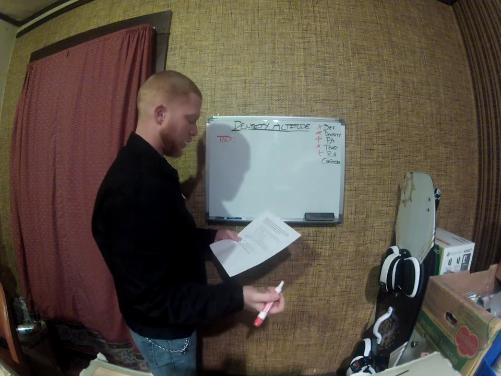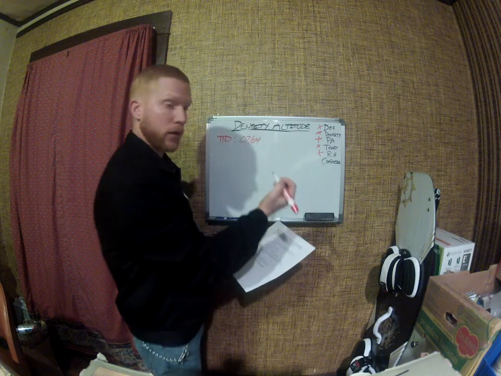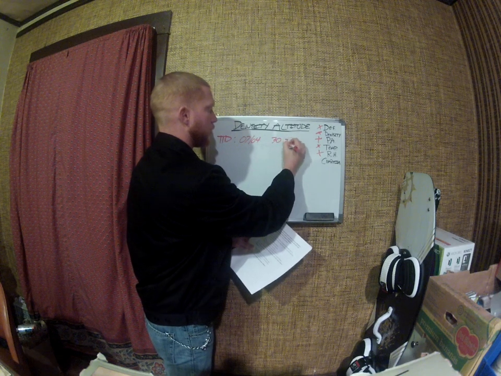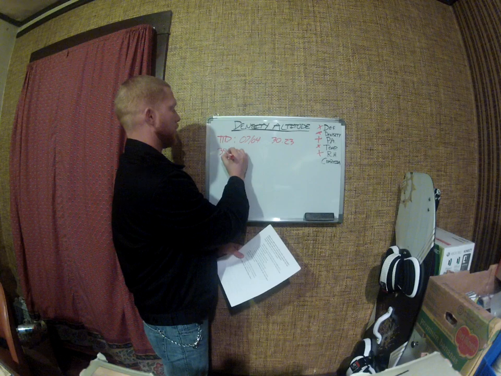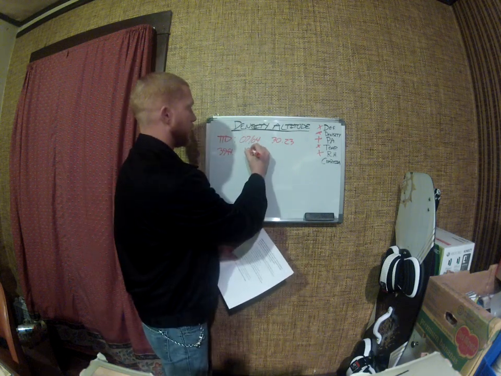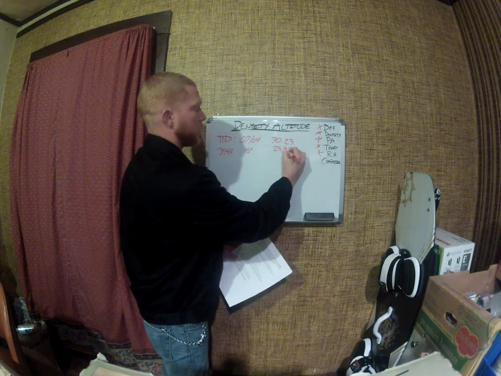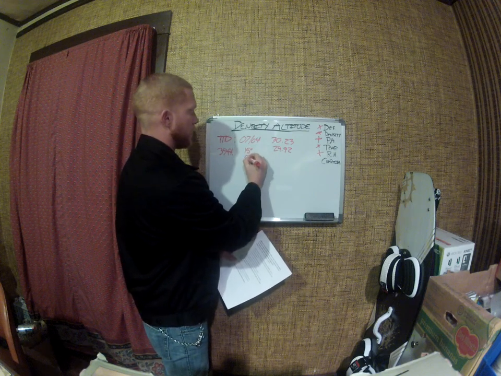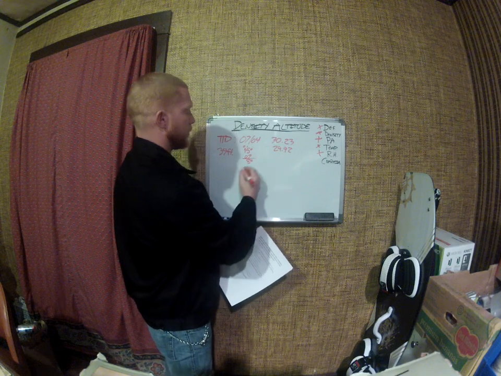So at TTD, we've got 07/04 as the temperature and dew point, the altimeter setting is 30.23, and our field elevation is 39 feet. We're going to do 15 degrees, because remember we're doing a comparison to International Standard Atmosphere here. So 15 minus 7 is 8 degrees.